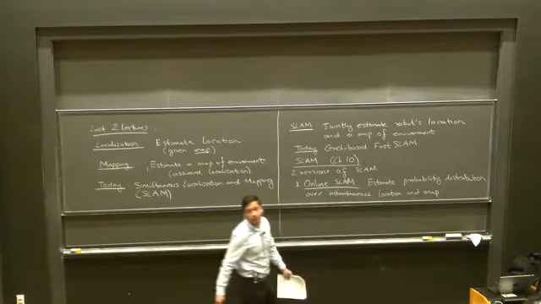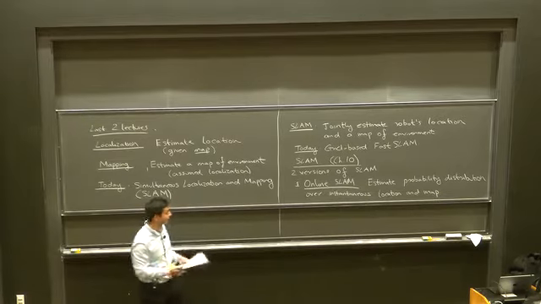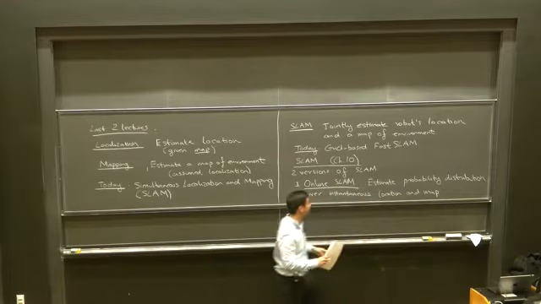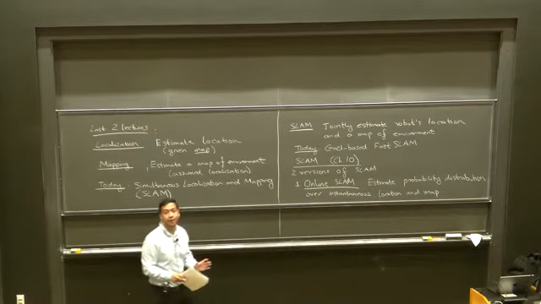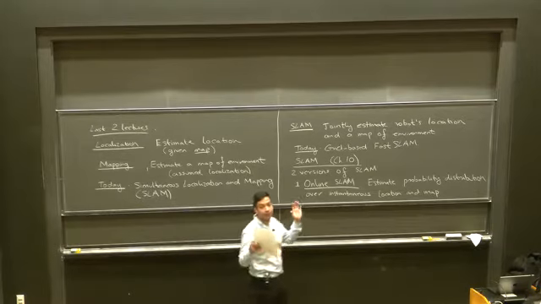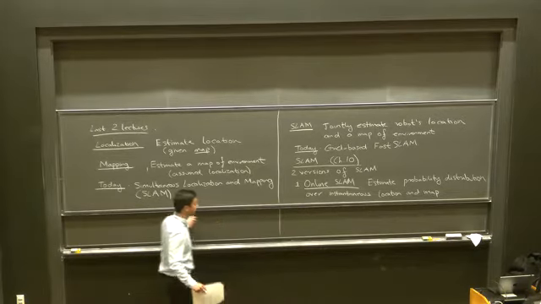Basically, at every point in time, as the robot operates, as it moves around in some environment, the only thing that it cares about maintaining is where it is at that point in time, so a belief over its location, and a belief over the map at that instant in time.